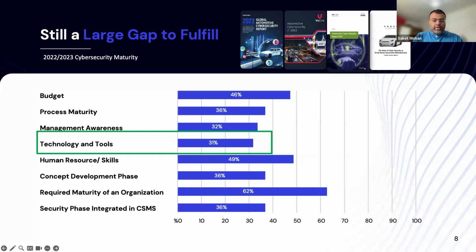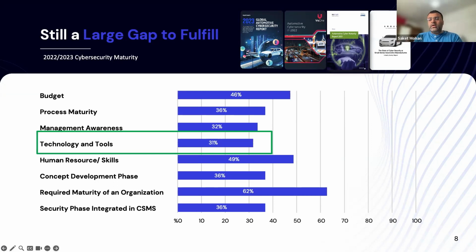So putting the SDV concept and the overall regulation and standards into one slide, we analyzed the status quo of the industry as of today, and the tools which are available as of today to help engineers like myself and like yourselves to conduct these types of assessments. There is still a very large gap to fulfill.